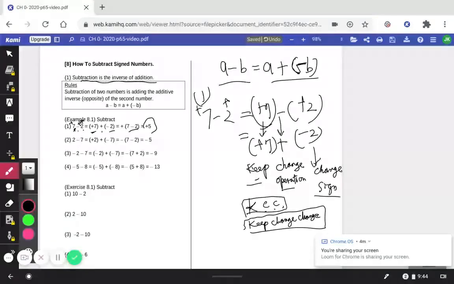Okay? So 7 minus 2, everybody knows, is positive 5. But how about 2 minus 7? When you have 2 minus 7, first you add a sign because there is no sign, and then you keep, change operator, change the sign.